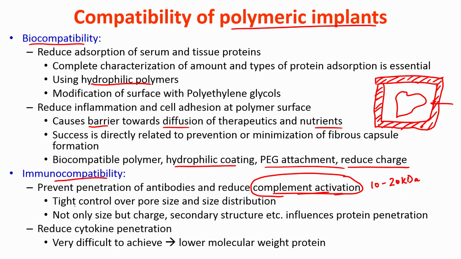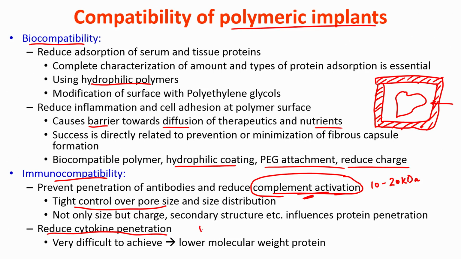That is why you need a very tight control over pore size to minimize these complement proteins as much as you can and still have a good flow of nutrients across this membrane. And not only size, but the charge and the secondary structure, all of this will influence the protein penetration through this membrane. And you also want to reduce cytokine penetration, because these are also small proteins just like complements that can go through.